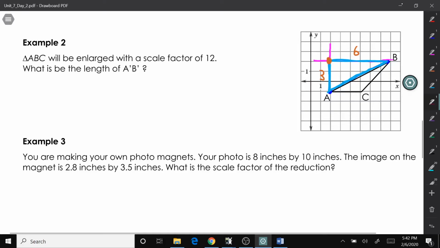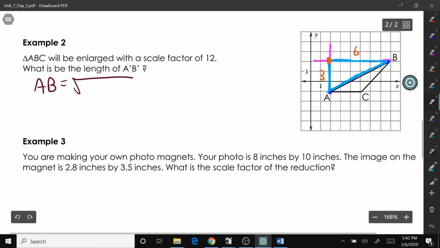So that's what I'm going to do here. So AB is equal to the square root of 3 squared plus 6 squared. And that comes from the Pythagorean theorem after you simplify everything. So if you want, you can go ahead and still use the distance formula, or the Pythagorean theorem shortcut.